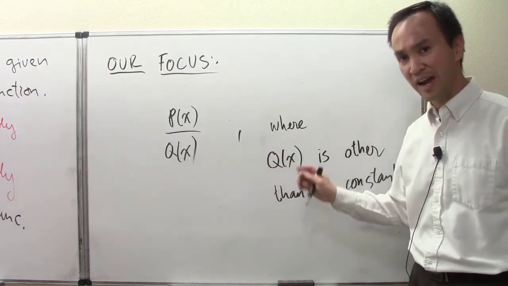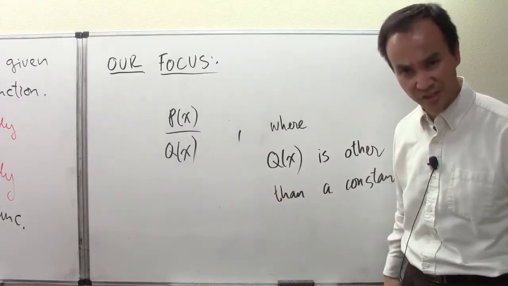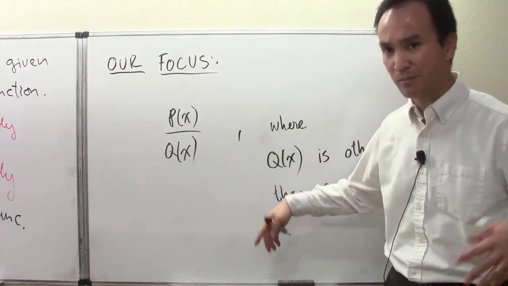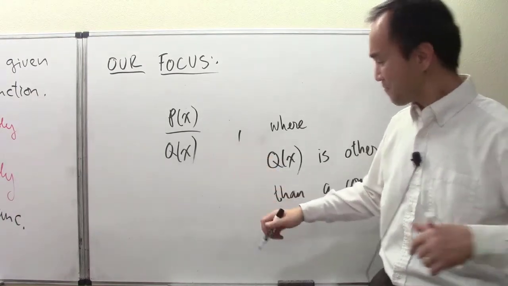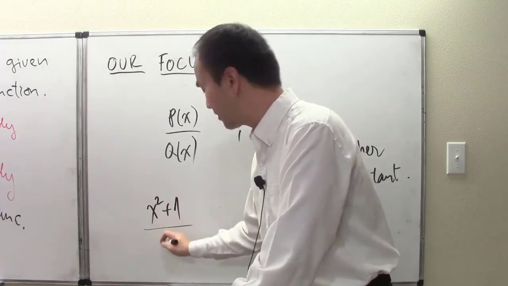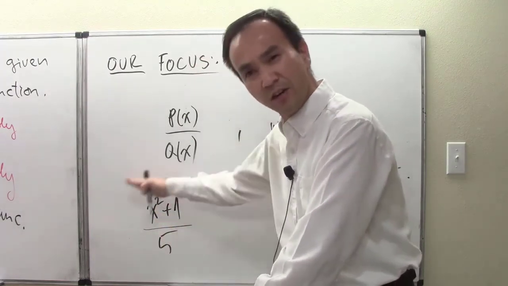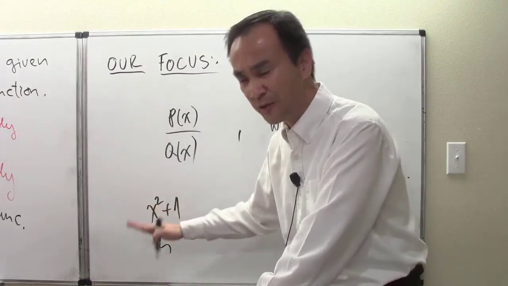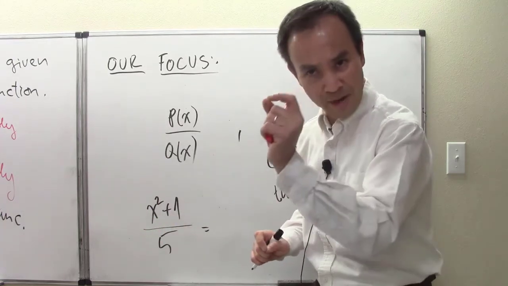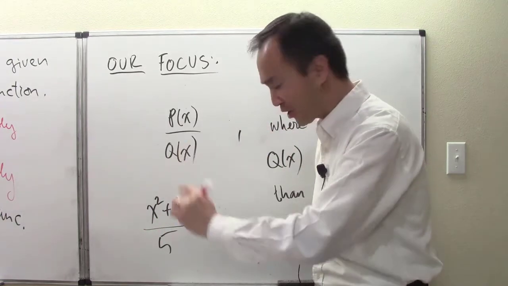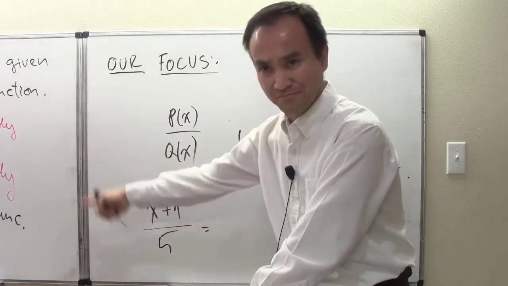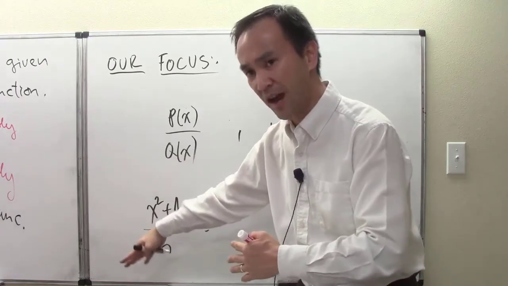We're going to focus on those rational functions where q of x, the denominator, is other than just a constant. Meaning I'm talking about an actual polynomial. It's not that we're ruling it out, but when it's a constant, then it's really just a polynomial. Just think about x squared plus 1 over a constant like 5. It's still a rational function, but not too fascinating, because it becomes 1/5 times x squared plus 1/5, a polynomial.